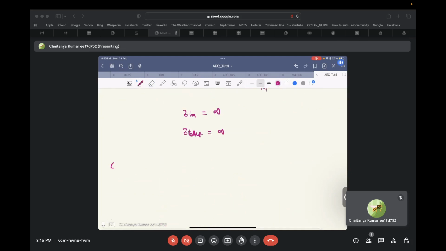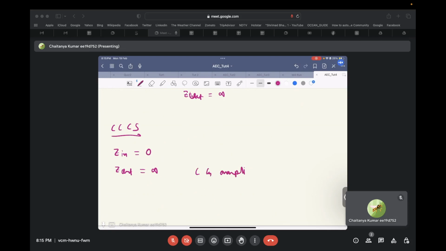Then we have current controlled current source. This is the last one. For a current controlled current source, again the input impedance has to be equal to 0 as we are sensing the current. The output impedance has to be infinite as we need a current source over here. So for this we use a common gate amplifier. We understood in class how the circuit comes about.